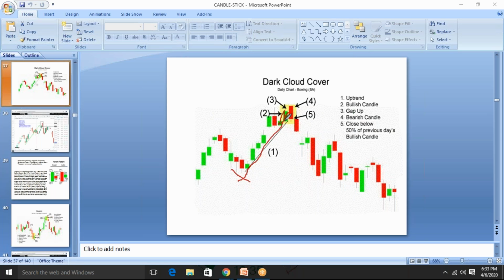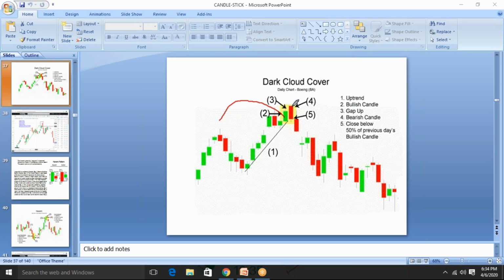For uptrend, you have to check 12 to 13 candles. And there should be one bullish candle, meaning the previous day or previous candle should be a bullish candle. Then there should be one bearish candle which opens with a gap up.